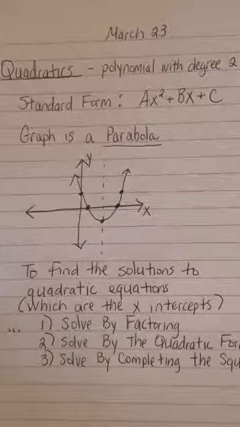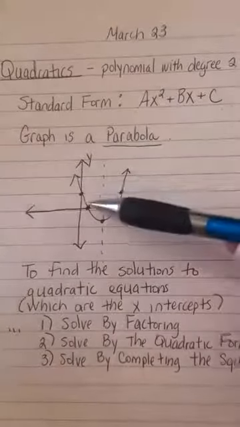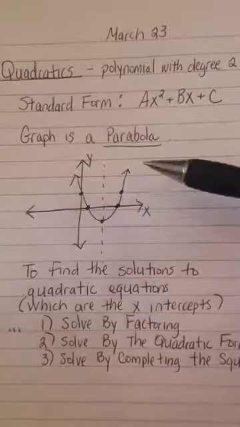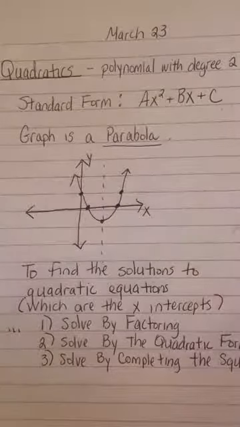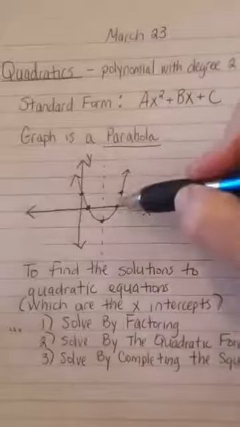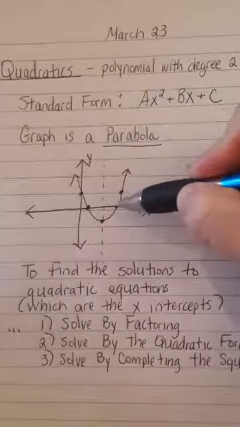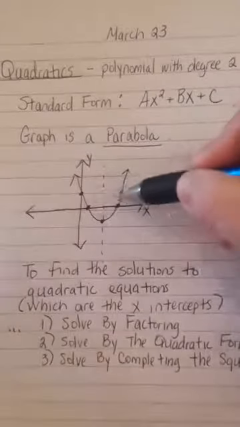There are specific points that you need to know to be able to plot these graphs. So that's the general reason that we're going to be doing what we're doing for the next few days: learn how to find some important points. Some of the most important points on a parabola are the x-intercepts, where the graph crosses the x-axis.